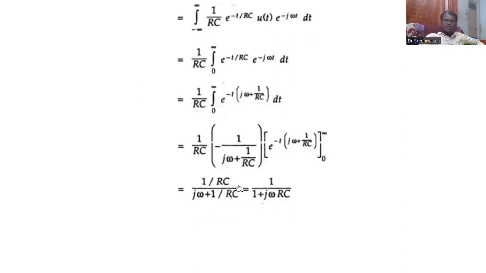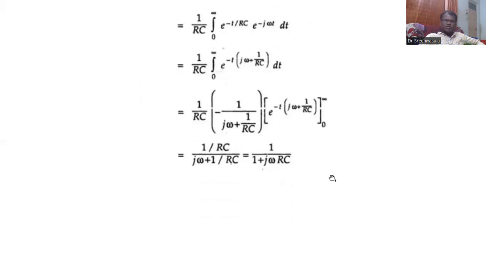If you take RC into the denominator and multiply, we get 1 divided by 1 plus j omega RC. If you want to calculate the magnitude and phase spectrum for this, simply the magnitude of H of omega is the root of real square plus imaginary square.